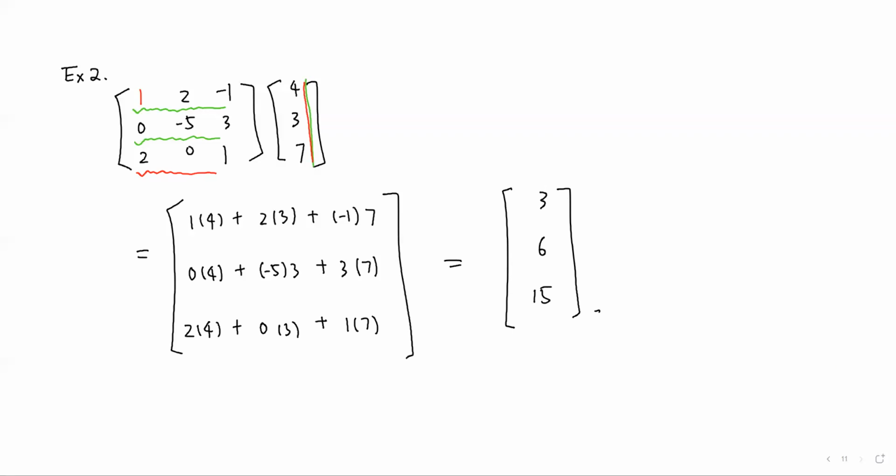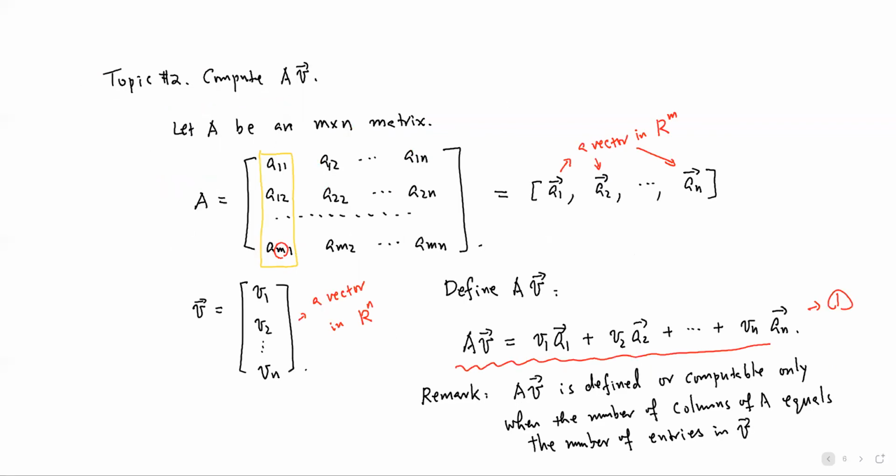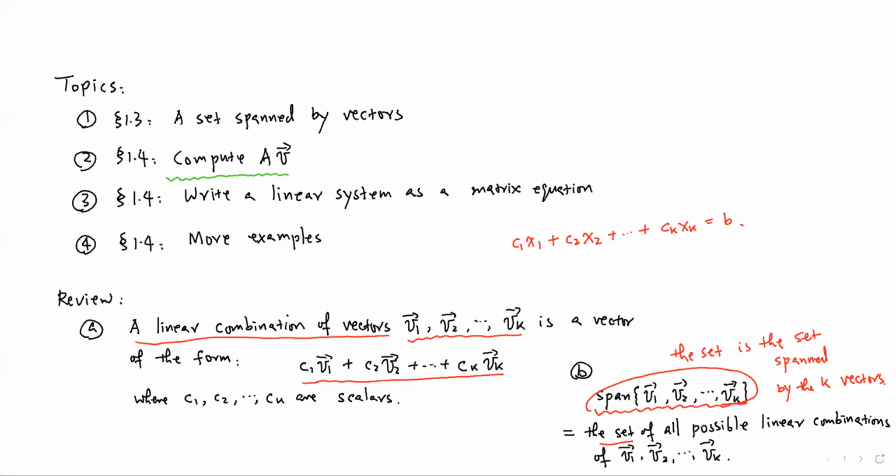This is topic 2. What is topic 3? Topic 3, also from section 4: write a linear system as a matrix equation.